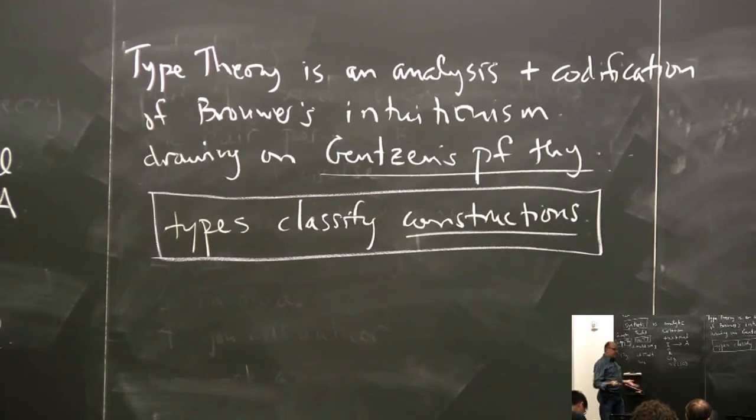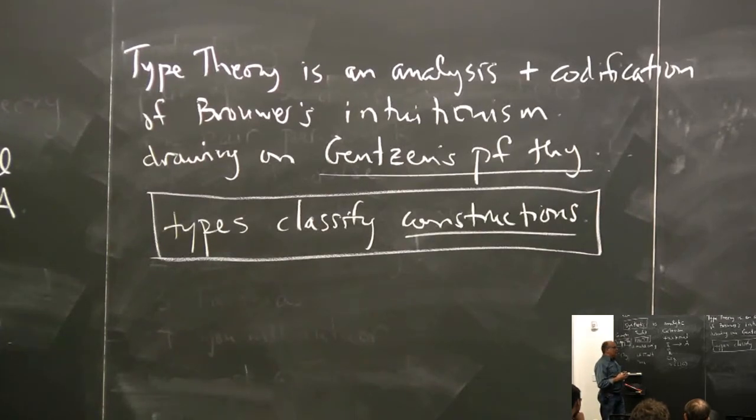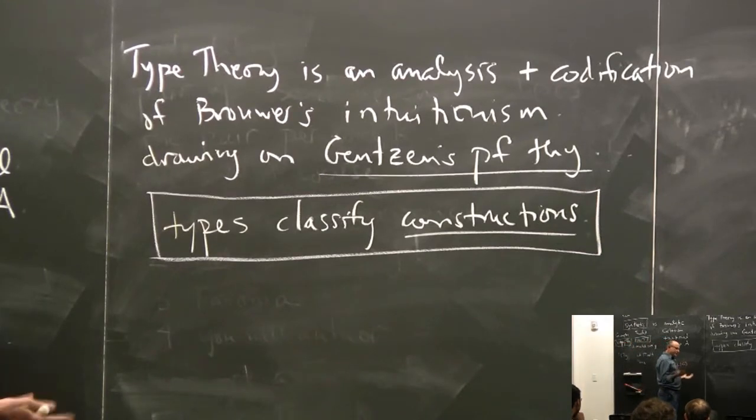And so it's natural to ask, what sorts of things are constructions? And there's no definitive answer to this. It's an ever-evolving notion. People learn more and more what are acceptable notions of construction. But there certainly are quite a range of things that have been established and are well accepted. And so that's what type theory is. It's a continually evolving subject. HoTT is part of the evolution of type theory.